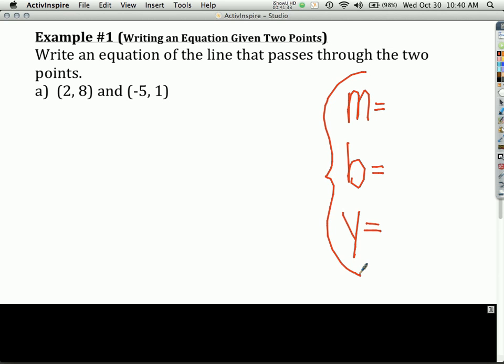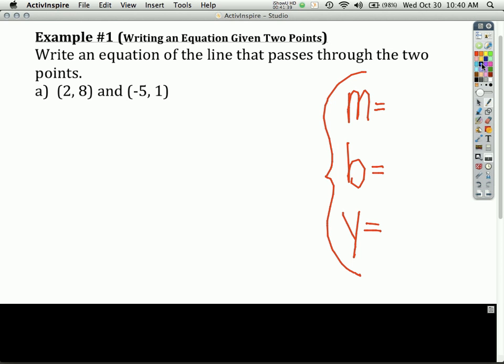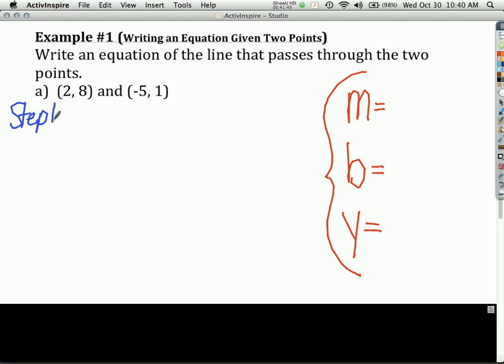So we just have to do some work to get those pieces of information. Step 1 in my outline of steps was to calculate the slope, which is the first piece of information we need. But that's nothing new for you. We are experts at doing this.